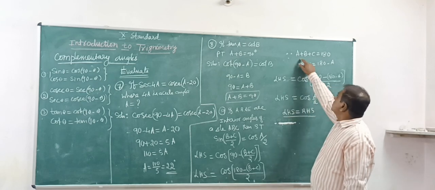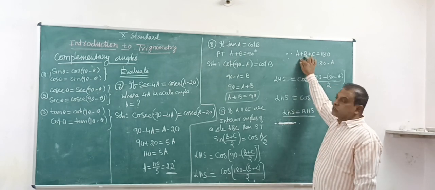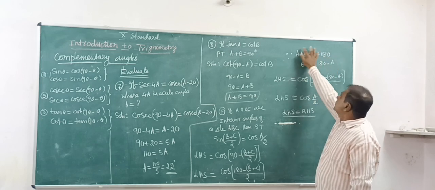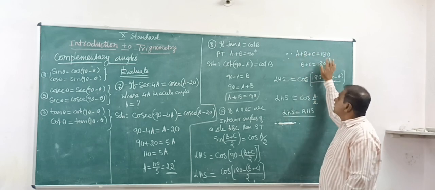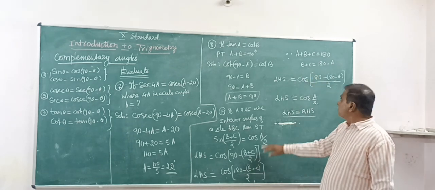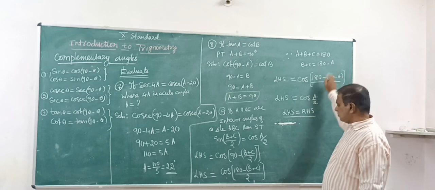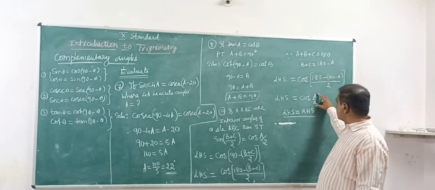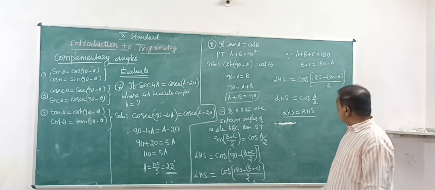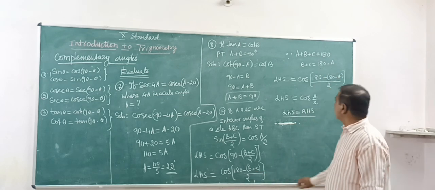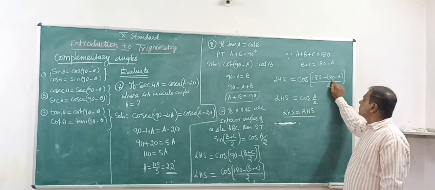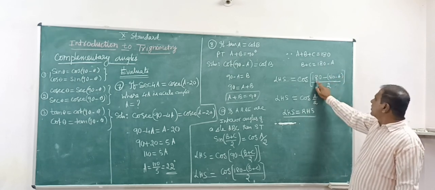And we know that these are the interior angles of the triangle. Therefore, A plus B plus C equals 180 degrees. The sum of these angles is always 180 degrees in a triangle. Then what is B plus C in terms of A? 180 minus A, because I want A on the right hand side. Substitute 180 minus A for B plus C. Next step, simplify.